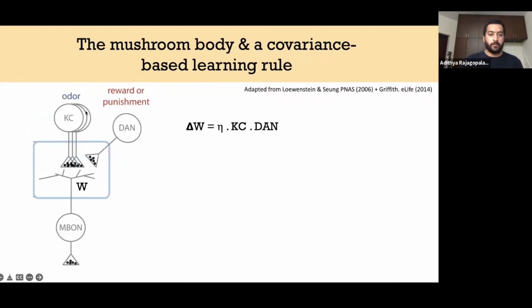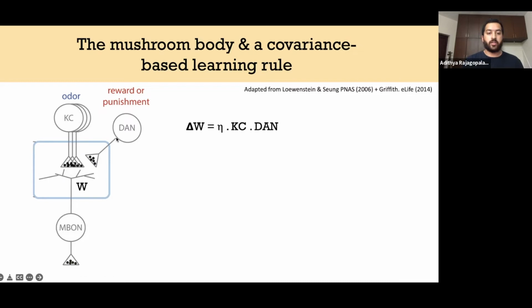The mushroom body consists of Kenyon cells, which are the primary cells of the structure, and these cells respond to odors sparsely, so that you can decode odor identity by looking at Kenyon cell population activity. And they synapse onto the mushroom body output neurons, or MBONs, which have been shown to determine turning behavior as well as upwind locomotion in these flies.